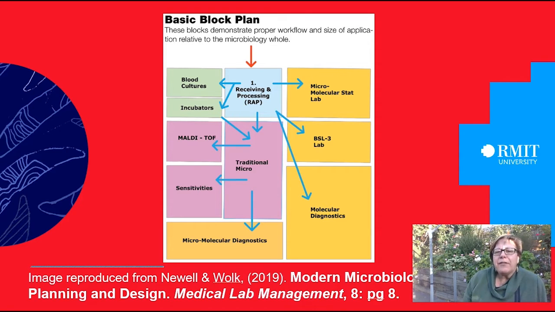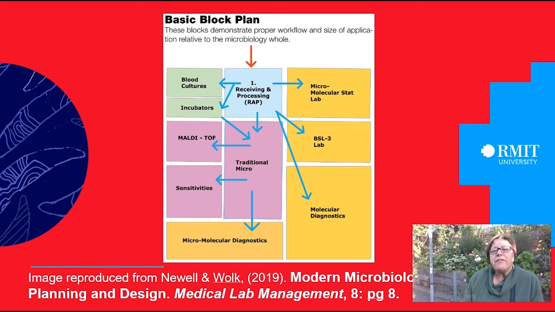In the centre, you have your traditional micro, and that's where we do a lot of the processing of our agar plates, our microscopy, and where we grow the organisms on the agar plates. Now, once we have the colony growing on the agar plate, we send it off to what's called the MALDI-TOF, which is a machine that looks for the protein fingerprint, and it's very good at giving us a diagnosis of our colonies.